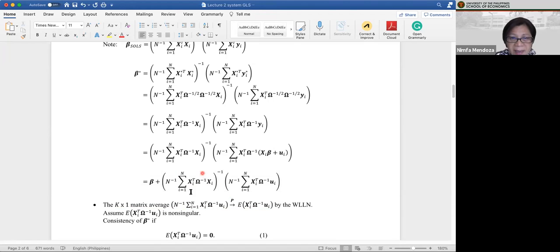So you get a k by 1 vector, which is the dimension of beta star.